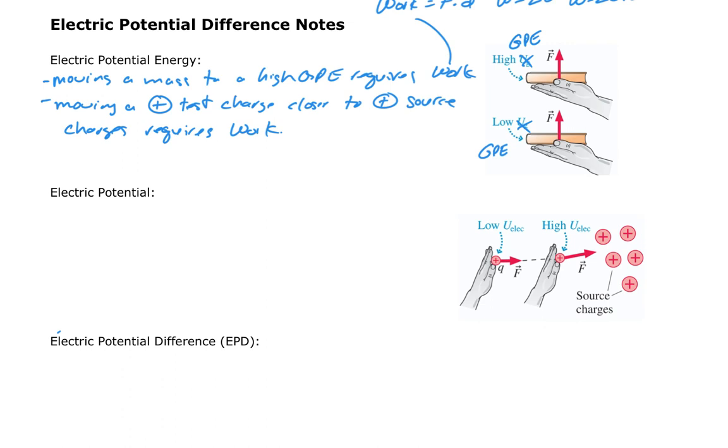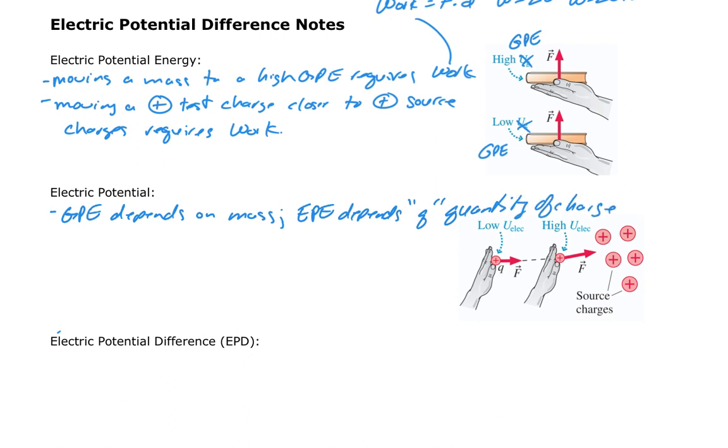So what we need to know about electric potential and gravitational potential is that the gravitational potential energy, the GPE, depends on mass. Similarly, the electric potential energy depends on the Q, or the quantity of charge. In order to get rid of that dependence, we're going to change what we're looking at.